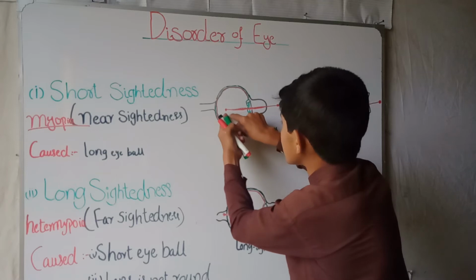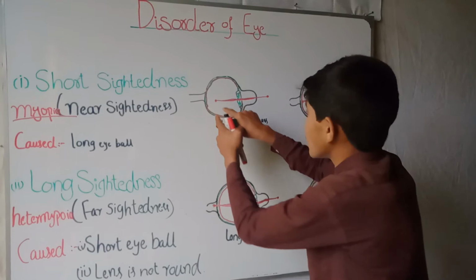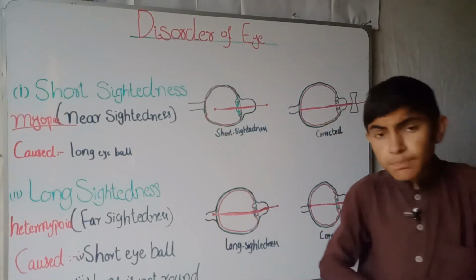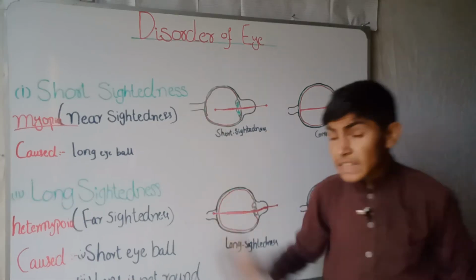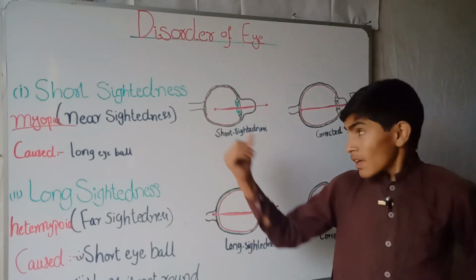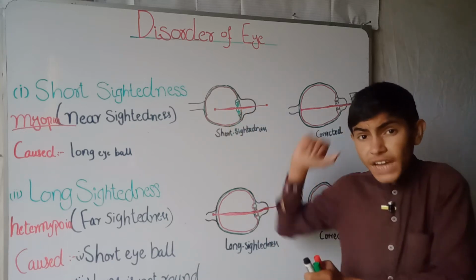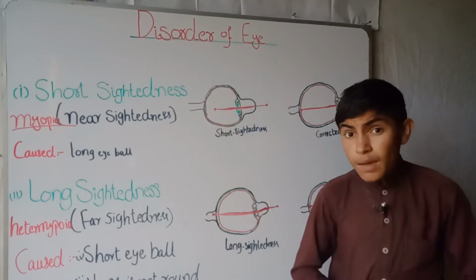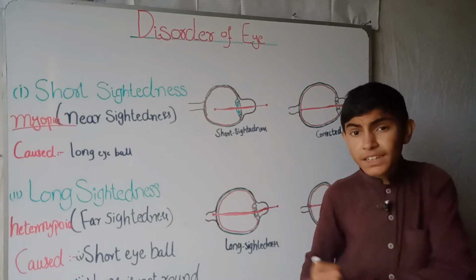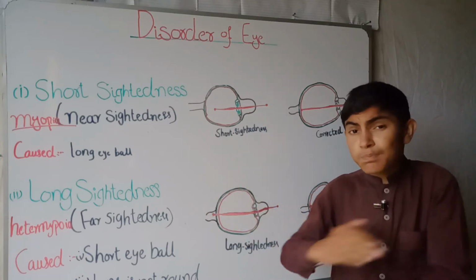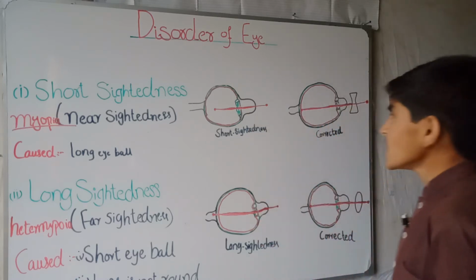The lens does not focus the light ray on the retina, but it is focused on the front of the retina. So in short-sightedness, the lens is not able to focus the light ray directly on the retina, but it falls on the front side of the retina.